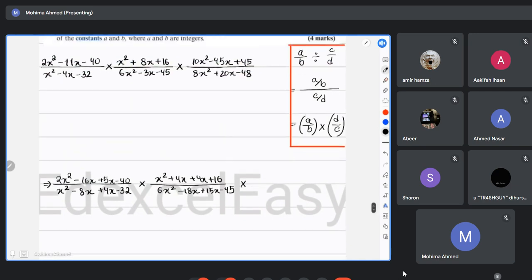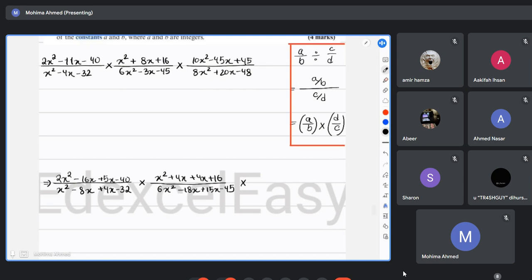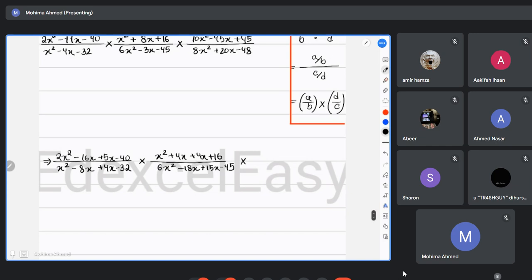Now for the third fraction again, you had 10x squared minus 45x plus 45, right? So minus 45 and then plus 45, which is minus 30 and minus 15. So 10x squared minus 30x minus 15x plus 45.